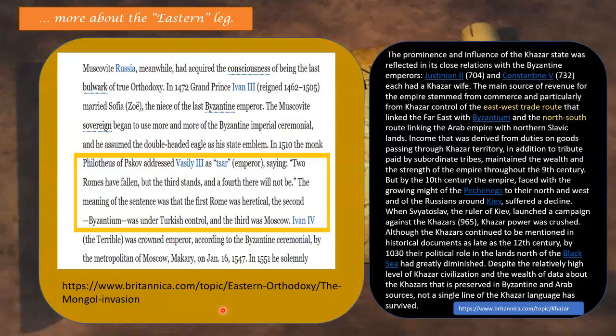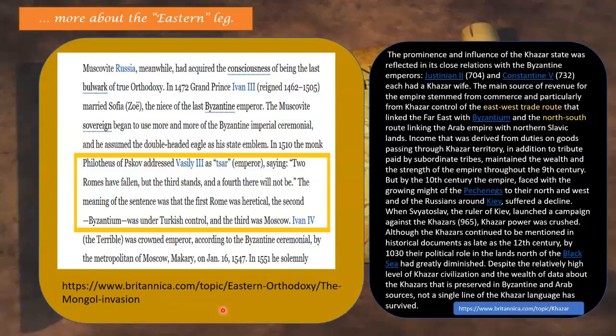The prominence and influence of the Khazar state was reflected in its close relations with the Byzantine emperors. Justinian II, Constantine V, each had a Khazar wife. The main source of revenue for the empire stemmed from commerce, and particularly from Khazar control of the east-west trade route that linked the Far East with Byzantium, and the north-south route linked the Arab Empire with northern Slavic lands.